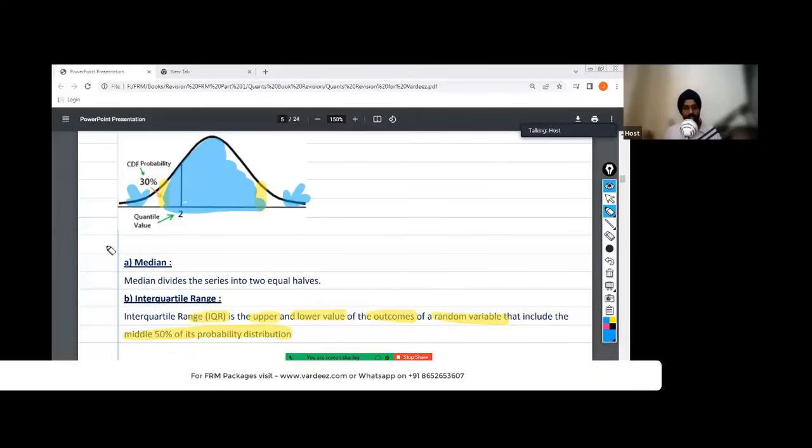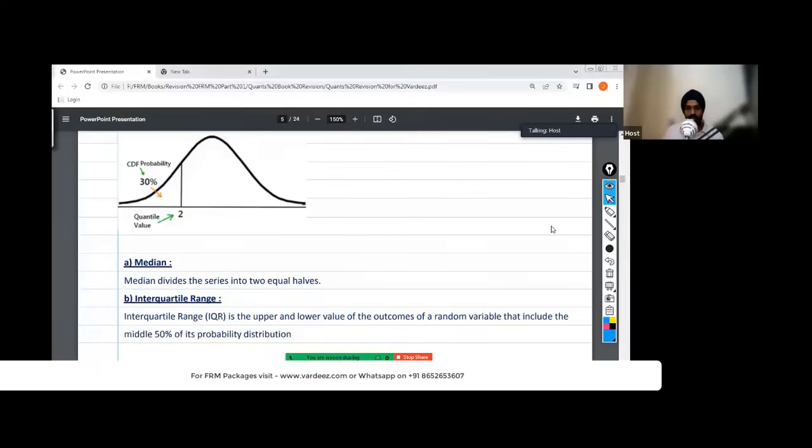That's what the interquartile range tells you. If you have data and you want to find the interquartile range, you find from this point up until this point, and then you say that, okay, my data is very much clustered around the mean, so on and so forth. Those are the conclusions you can draw from the interquartile range, and that's its overall use.